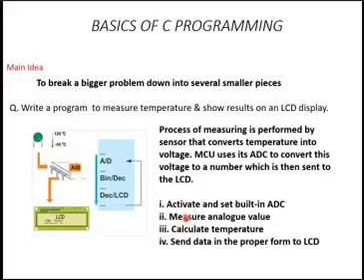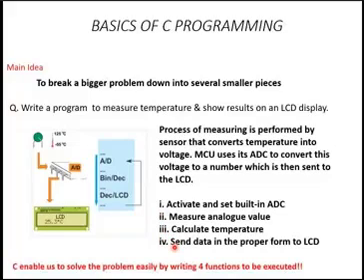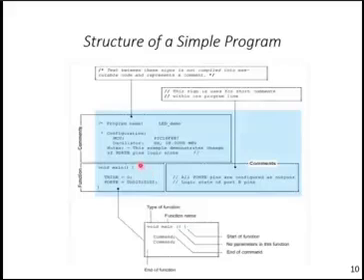So we have a 4 step solution that complement each other. From these steps, we try to write the program according to the respective solution, starting from number 1, number 2, number 3, and number 4.